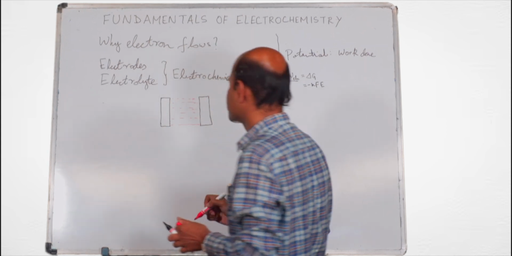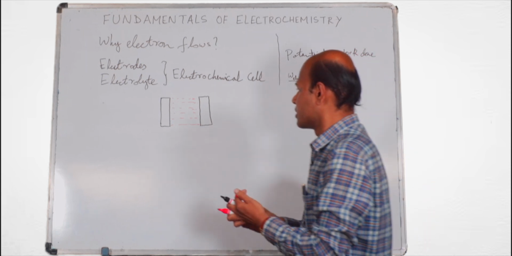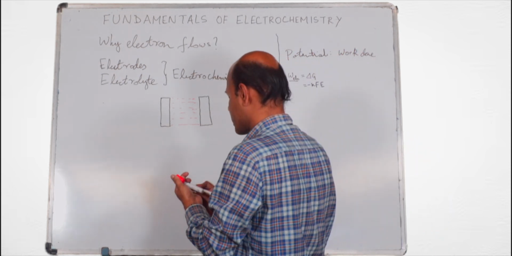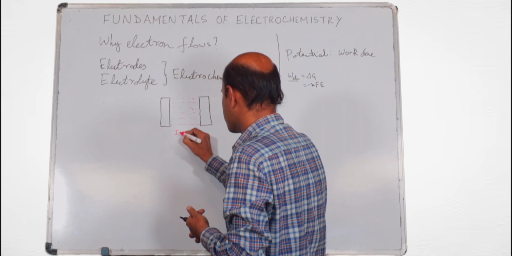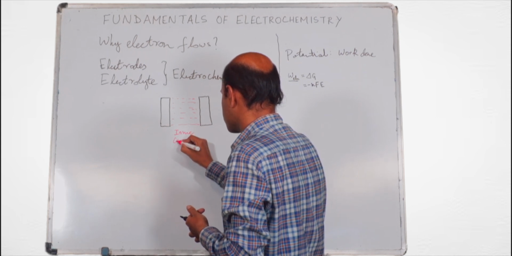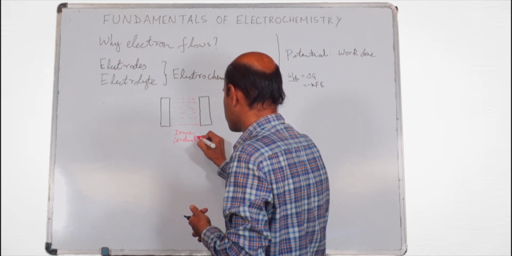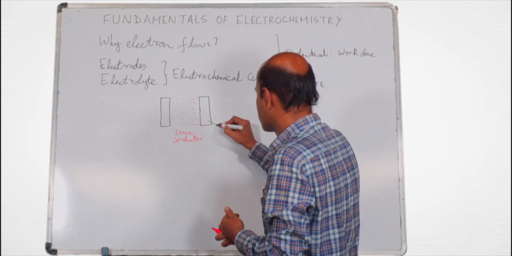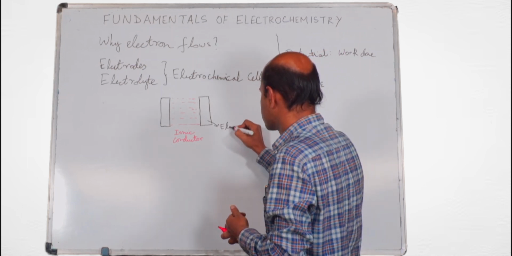So the definition of an electrochemical cell can be told like this: the electrolyte is an ionic conductor, and this is being enclosed by electronic conductors.